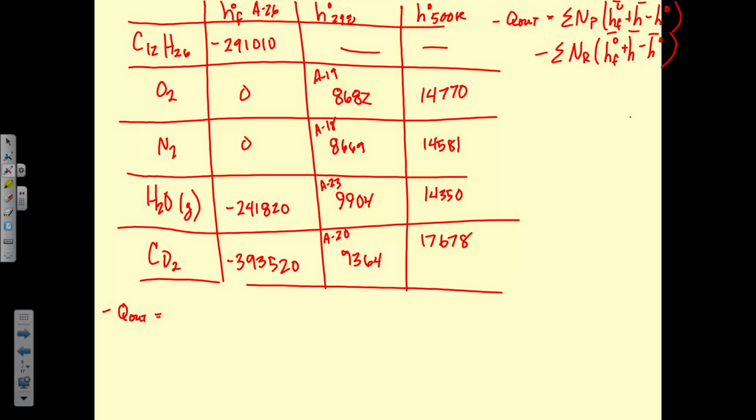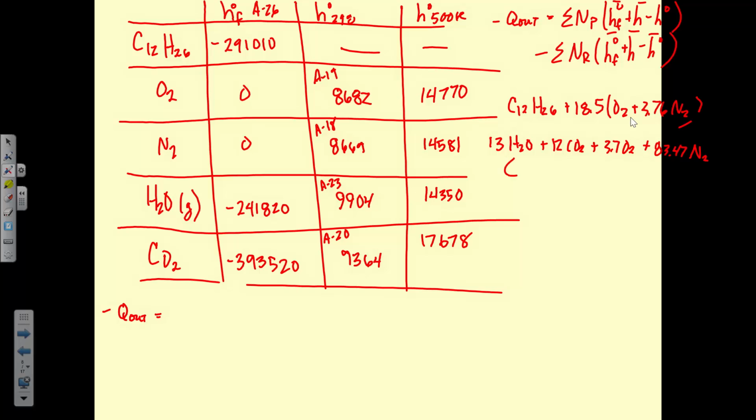Okay, so we look at our products, and our equation that we determined was C12H26 plus 18.5 times O2 plus 3.76 N2 on the reactant side is equal to 13 H2O plus 12 CO2 plus 3.7 O2 plus 83.47 N2.